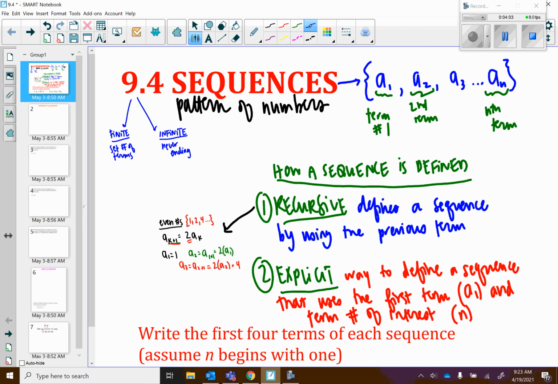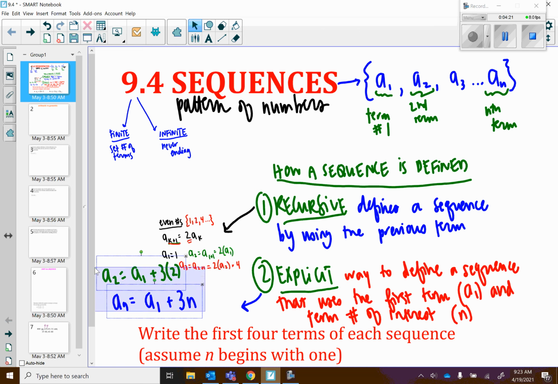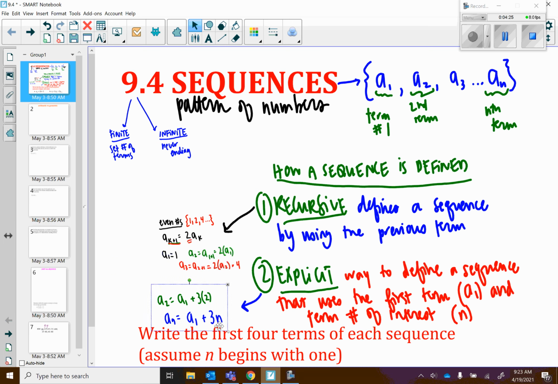So we would say like a sub n is equal to a1 plus 3 times n. So if I wanted to find the second term in the sequence, I would take the first term and add to it 3 times 2. Now I didn't give you what the first term was in the sequence, so it doesn't necessarily really help you, but we will be doing a bunch of examples in class to look at this.